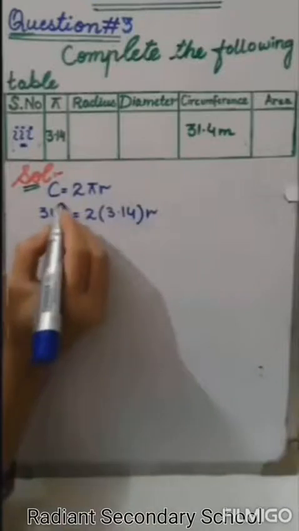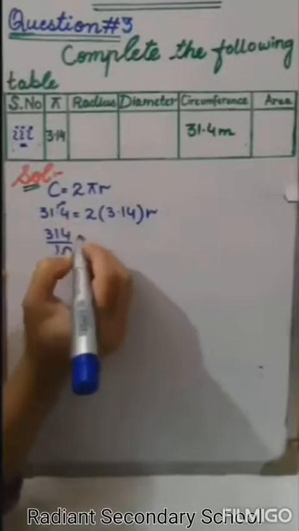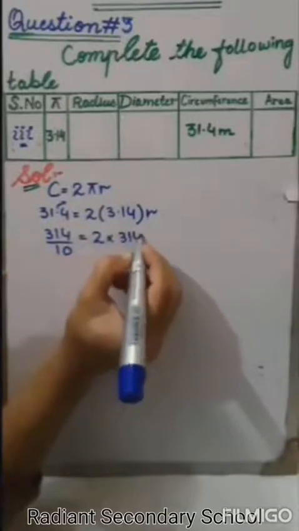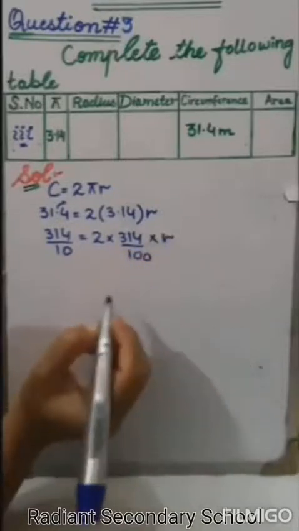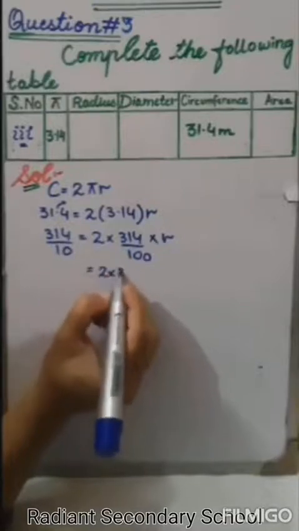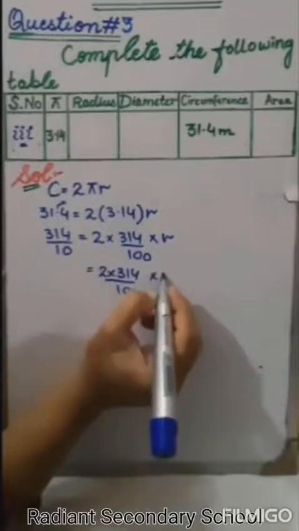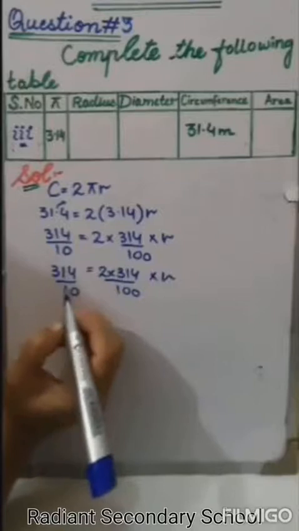Now remove this decimal point. It will become 314 over 10 is equal to 2 multiply by 314 over 100 multiply by r. Now you can write this one, 2 multiply by 314 over 100 multiply by r. 314 over 10 is as it is.